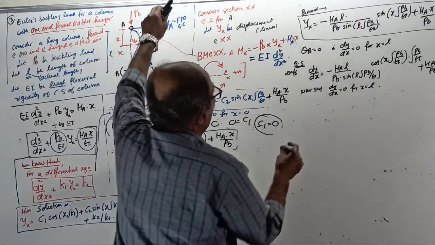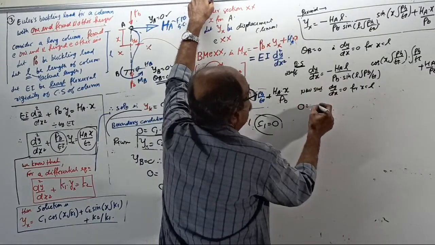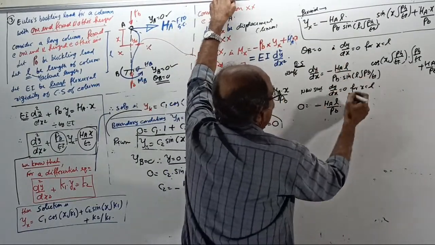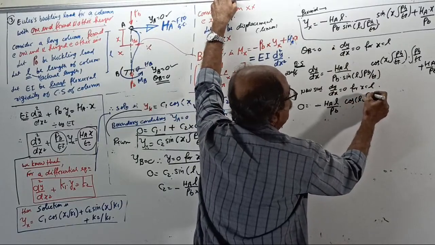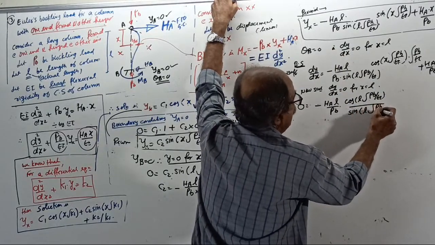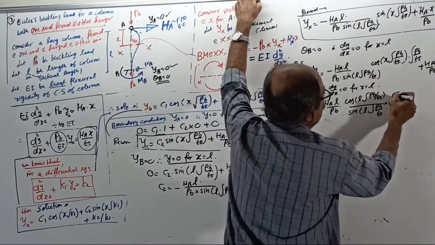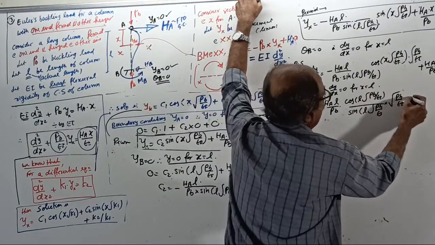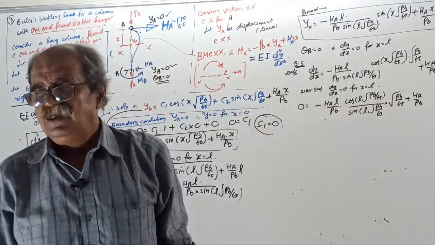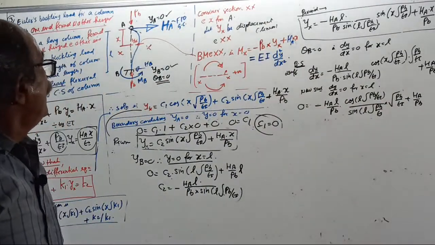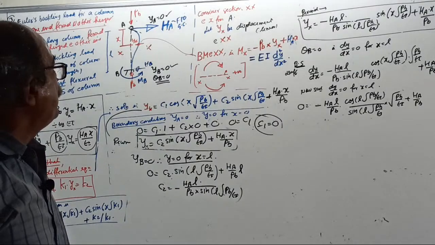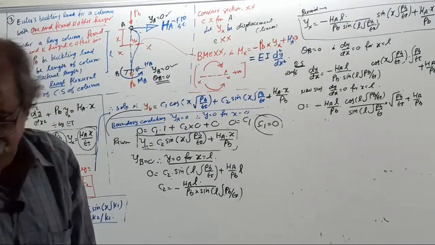Okay. 0 equal to minus HAL by PB into cos of L root PB by EI divided by sine of L root PB by EI into root PB by EI, then plus HA by PB. Correct now?